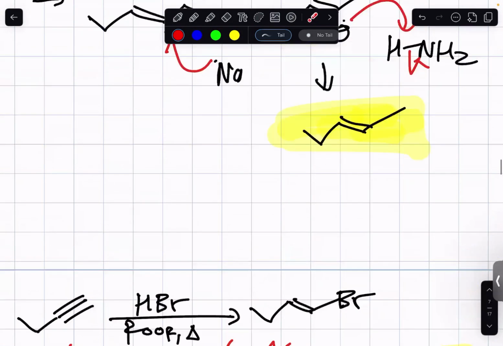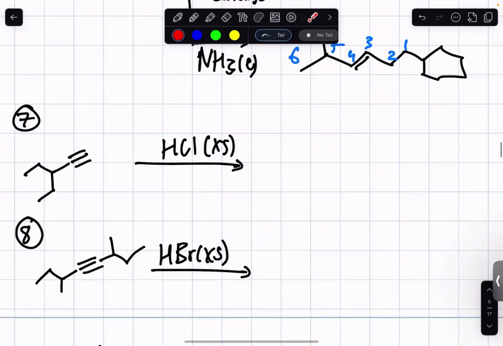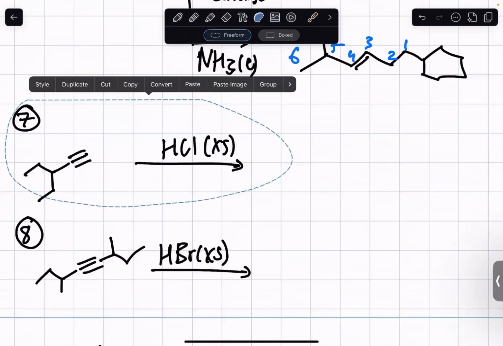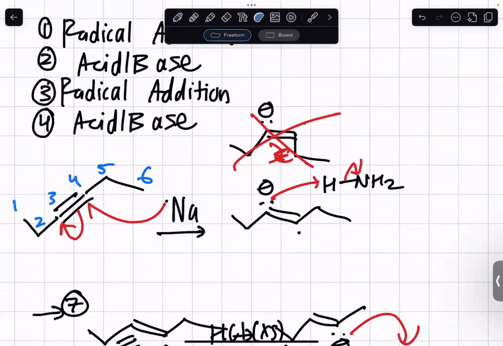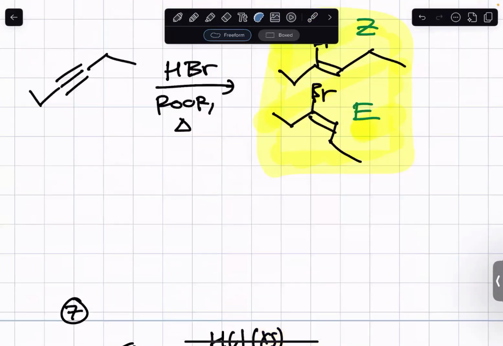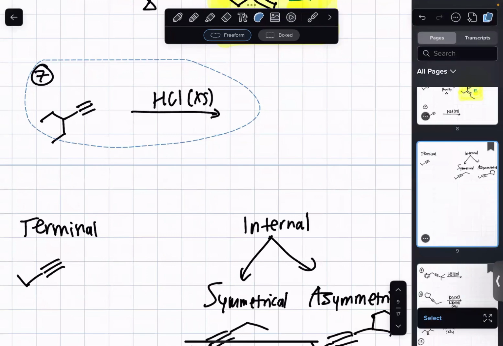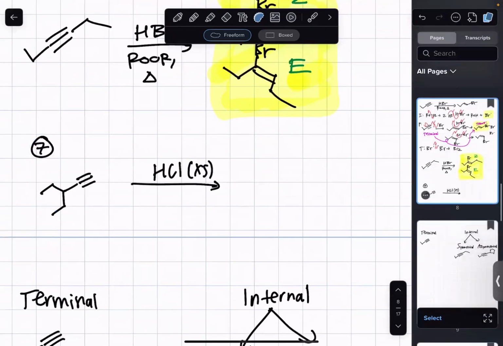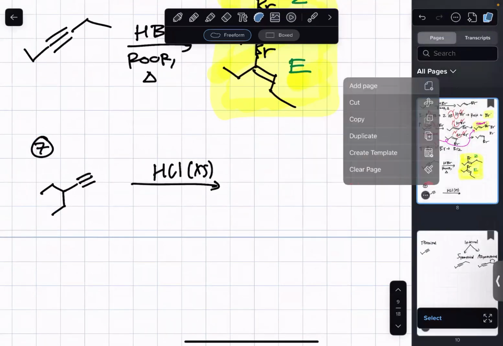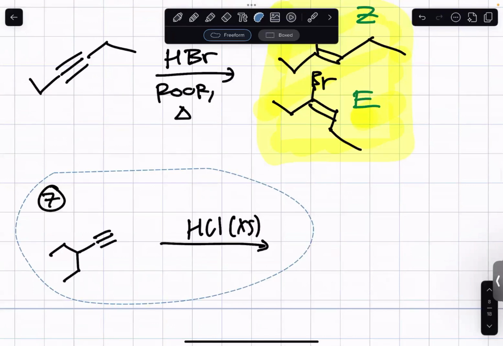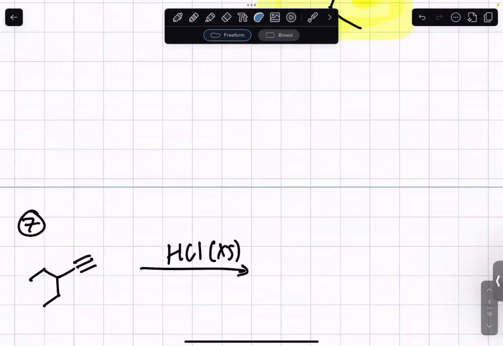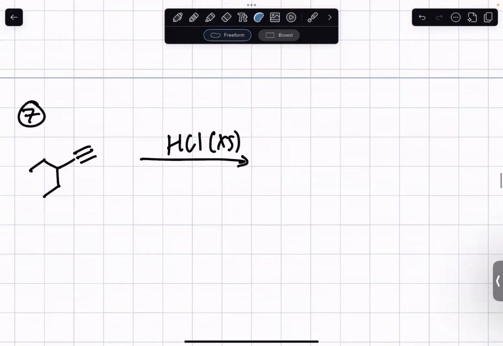Now, let's do hydrohalogenation. Do you guys want me to continue with the mechanisms here, or just predict the product? Or do you want me to continue with the whole step-by-step arrow pushing mechanism, charges and everything, with the mechanism?